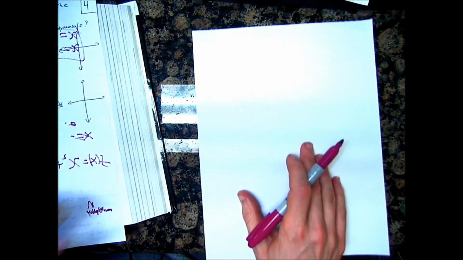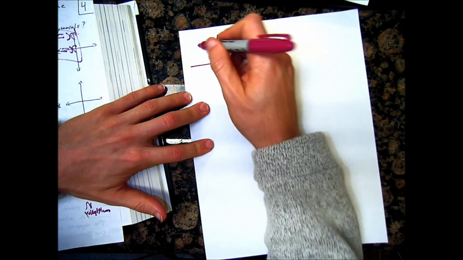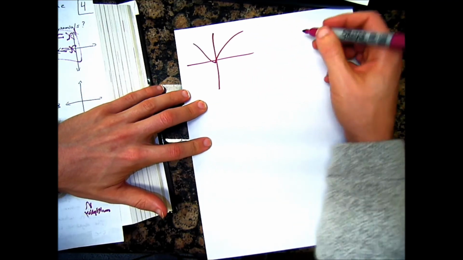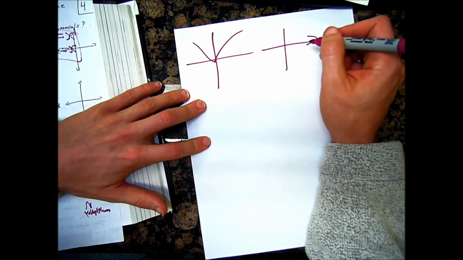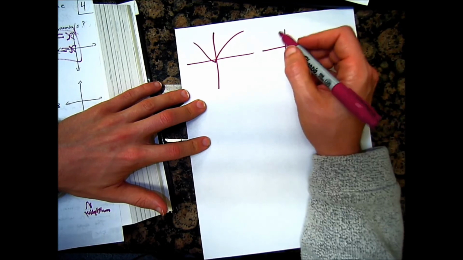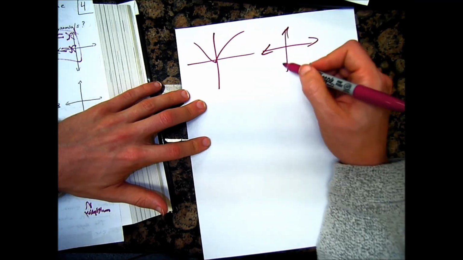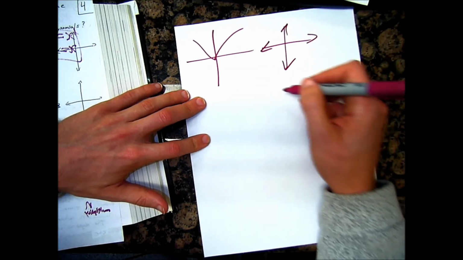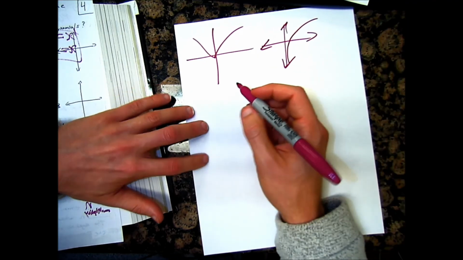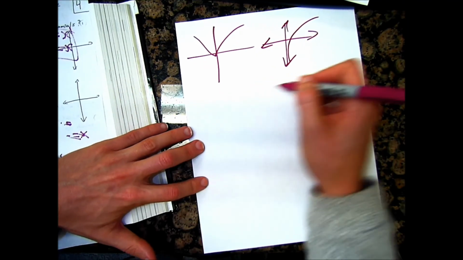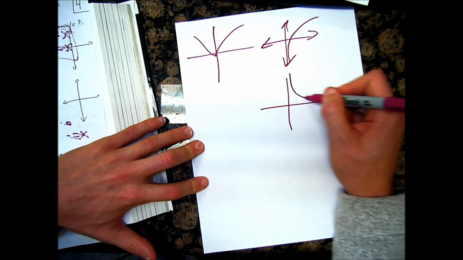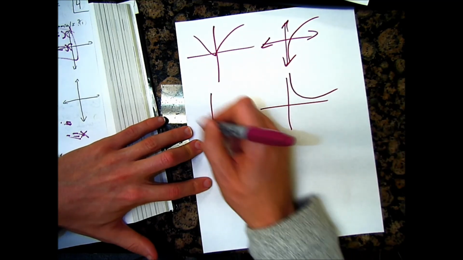So what I have here is this function, this function here, this function here, and then this function.